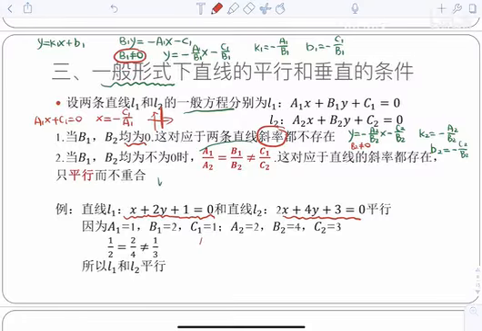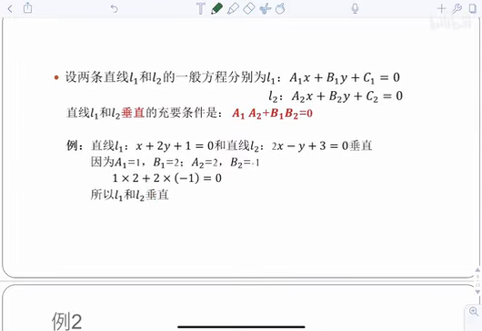So A1 divided by A2 equals 1 divided by 2, and B1 divided by B2 equals 2 divided by 4, which is one half, so these are equal. C1 divided by C2 is 1 divided by 3, so this is not equal. So it meets this condition, so these two lines are parallel.